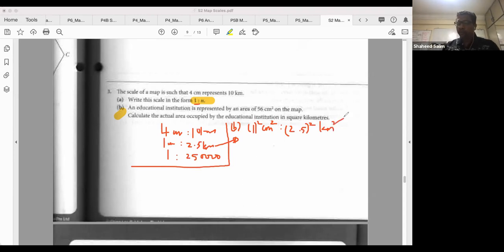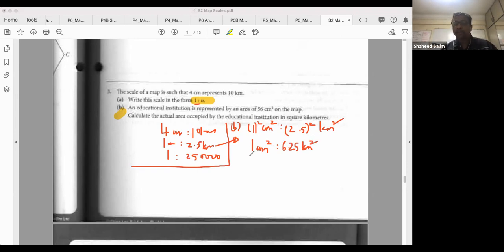So 2.5 squared is 6.25. So 1 square cm represents 6.25 square km in reality.